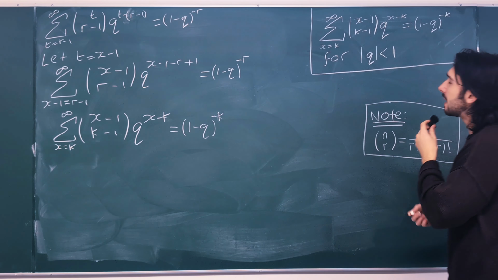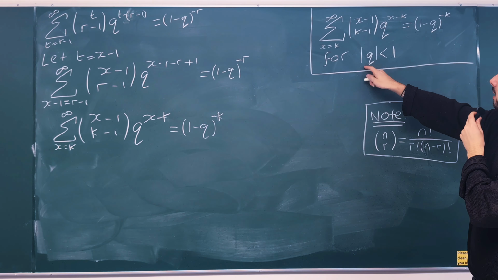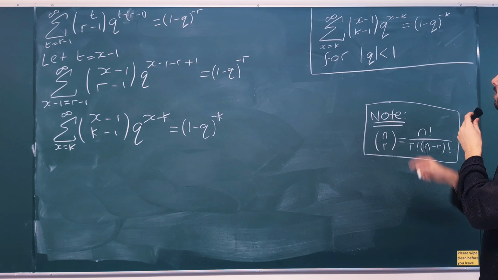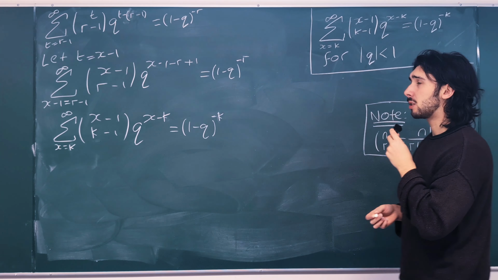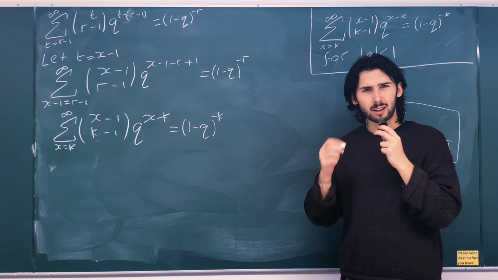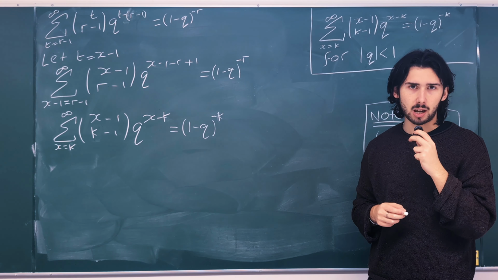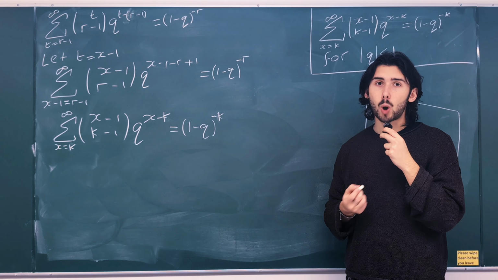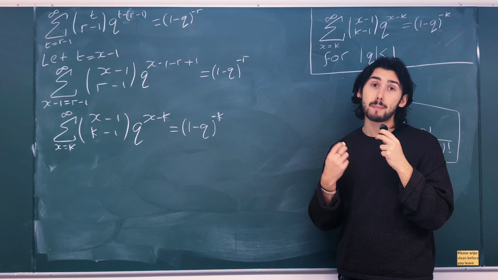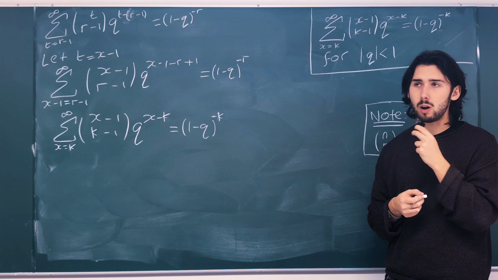And the final thing you may be wondering about is the modulus, the magnitude of q needs to be less than 1. The only reason this is true is because our initial assumption was that line about the geometric series, right? When does the geometric series converge? When the common ratio is less than 1. The magnitude of the common ratio is less than 1.